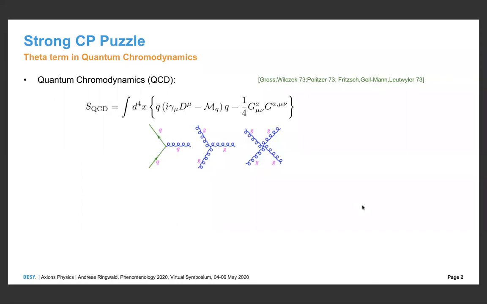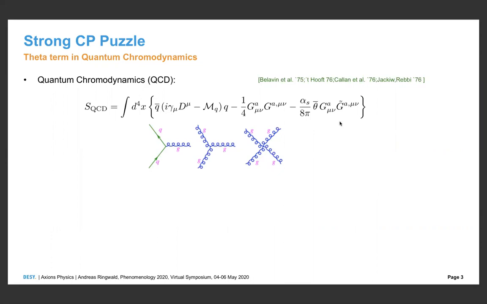However, shortly after the development of the theory, people like Belavin et al., Jackiw, Callan, and Shifman and Vainshtein pointed out there's a further term which is possible to write down at the renormalizable level, or at dimension 4, which contains the gluonic field strength contracted with its dual.